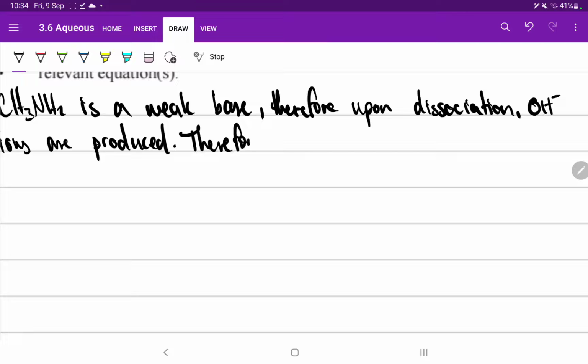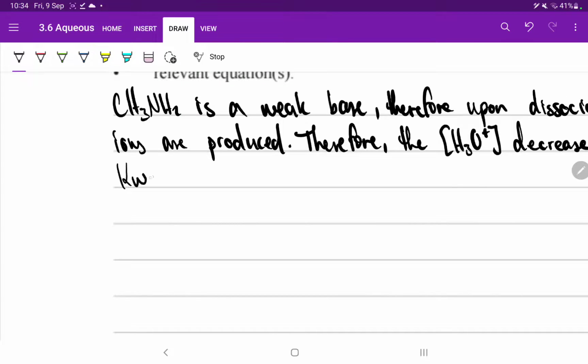Therefore, the concentration of hydronium ions decreases, as Kw equals hydronium ions times hydroxide ions.